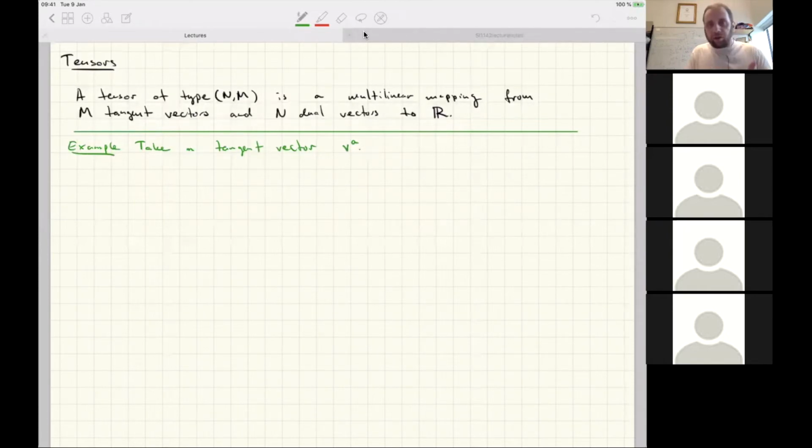Well, we could take this tangent vector and create the following scalar if we also have a dual vector. So given a dual vector, I'm going to call it omega, and I'm going to put the index down, then V^a omega_a is a scalar. It's a real number.